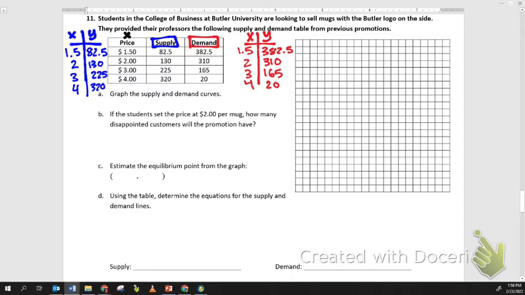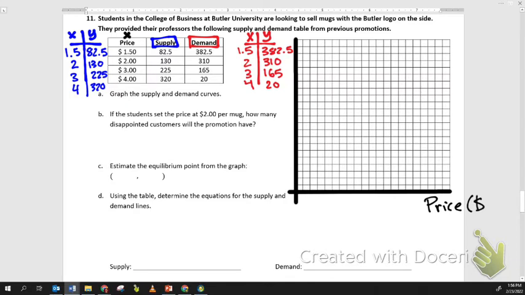So I know that my grid is just going to be that first quadrant of the plane. So I can just put my X and Y axes along the sides down here. I just want to keep everything positive. My X values, I said those are my price.